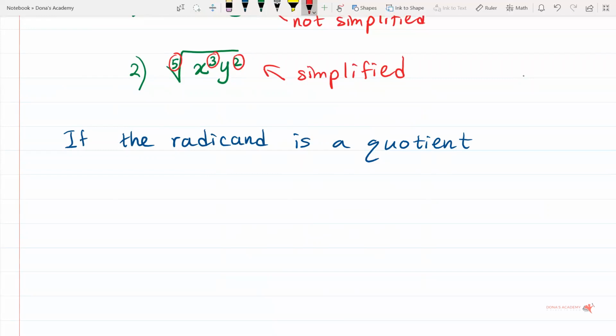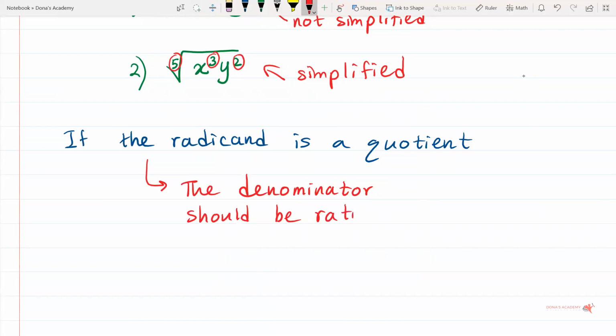The other condition is the denominator should be rationalized. Now, what is that? What does that mean? What's the meaning of rationalizing a denominator?